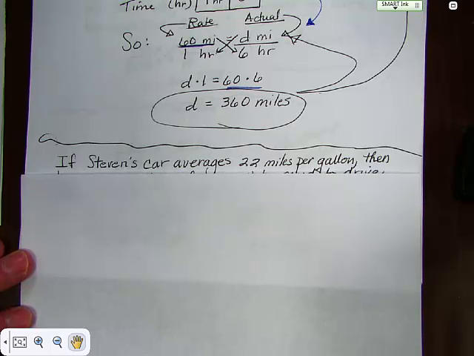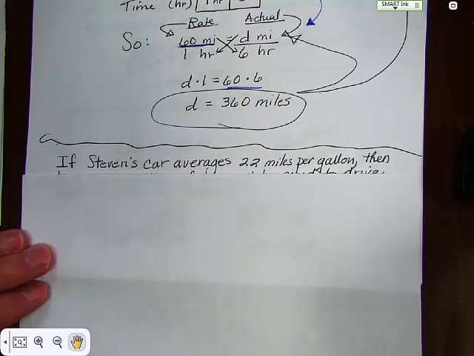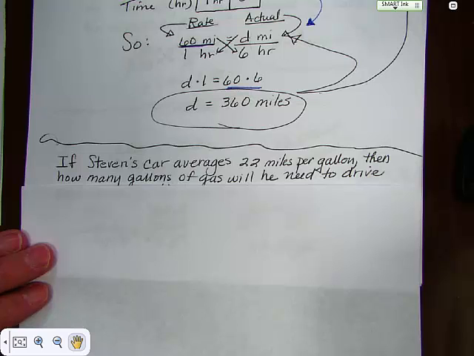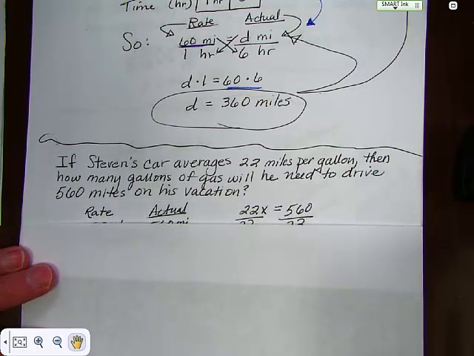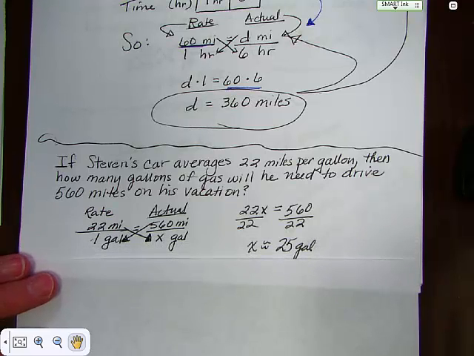If Stephen's car averages 22 miles per, there's your division sign, 22 miles per gallon, then how many gallons of gas will he need to drive 560 miles on his vacation? Well, we're going to set it up right away. We have the rate and the actual.